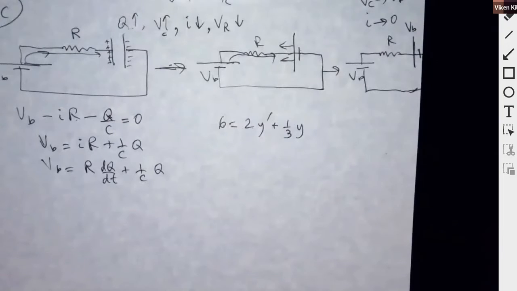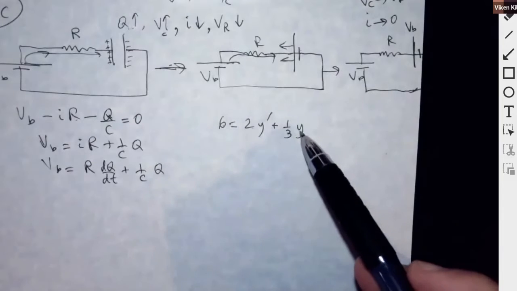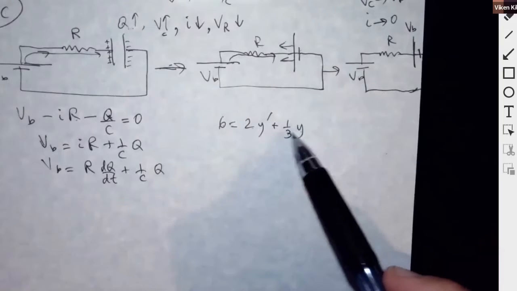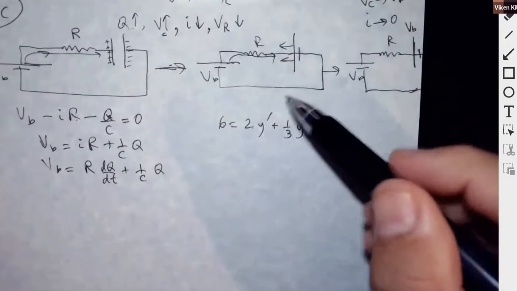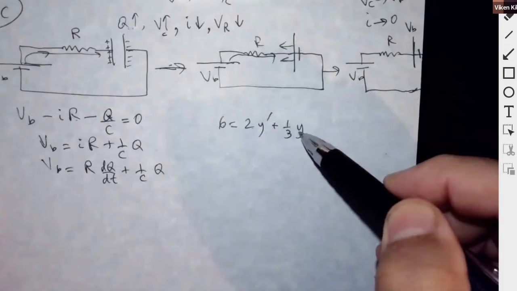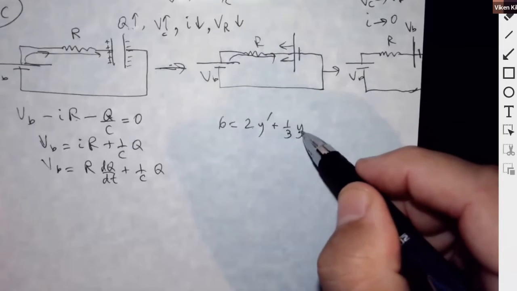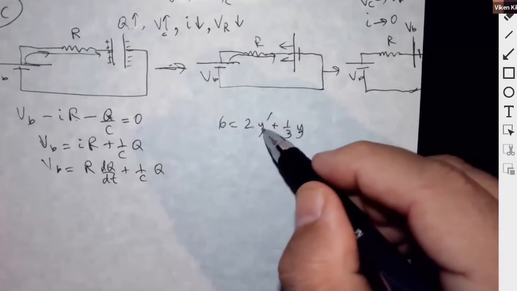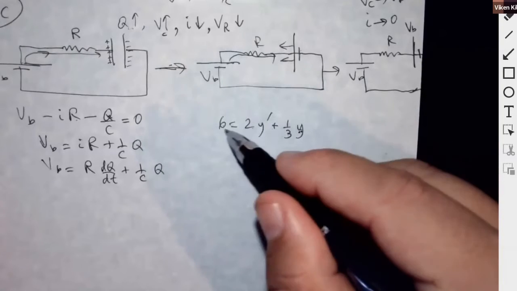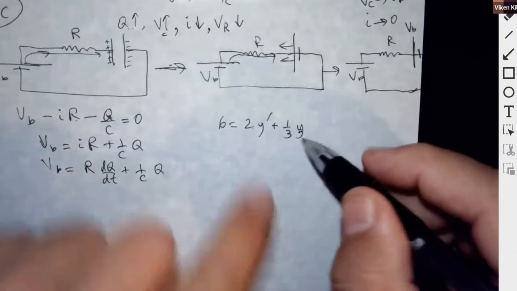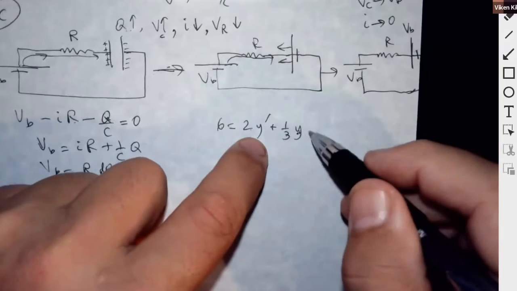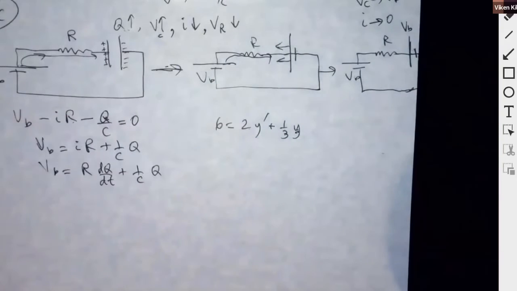This kind of differential equation is a first order differential equation, right? It's pretty easy to solve because if you have a function of t or x, and you want that function times a constant plus the derivative of the function to equal a constant, the only function whose derivative is proportional to itself is an exponential function.